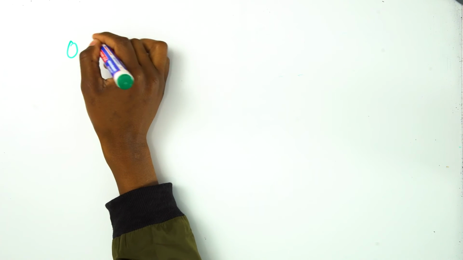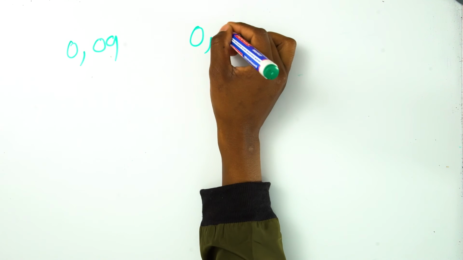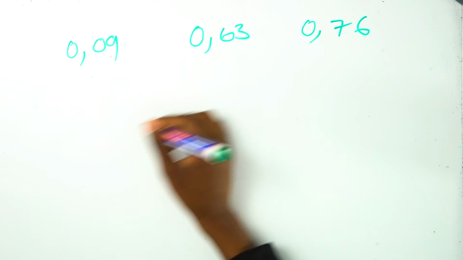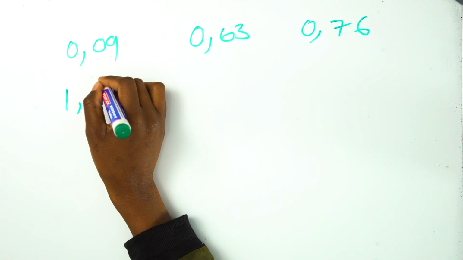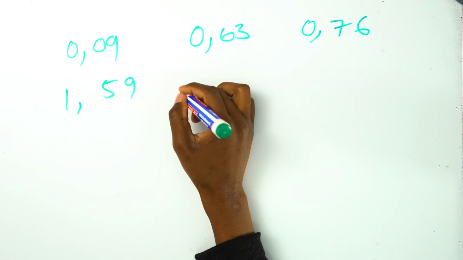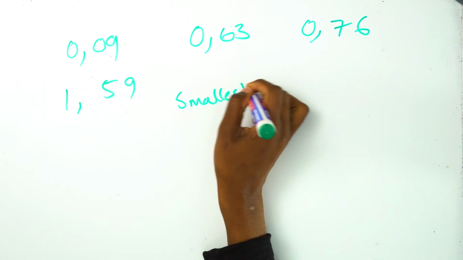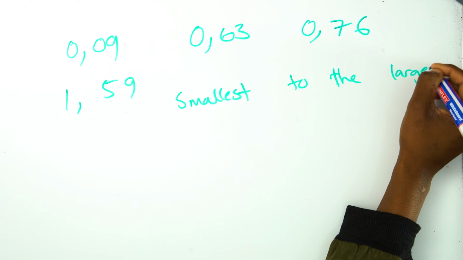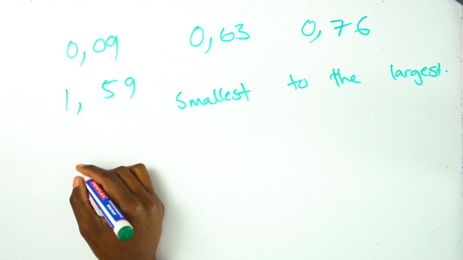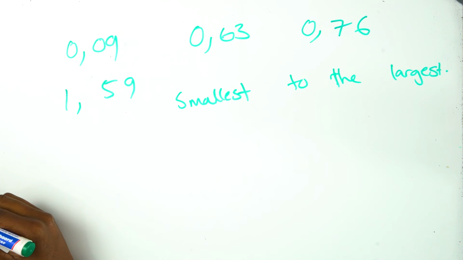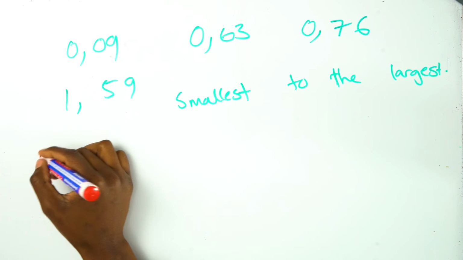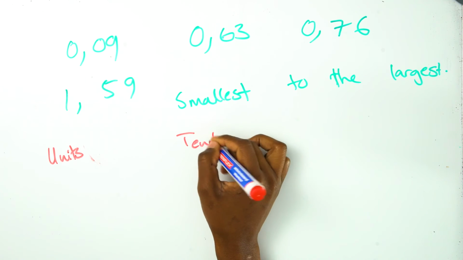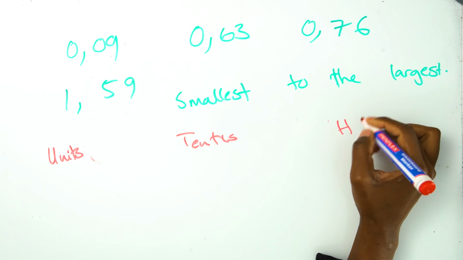I have 0,09, 0,63, 0,76, and 1,59, from the smallest to the largest. Since we have three digits, you write the units, the tens, and the hundreds.